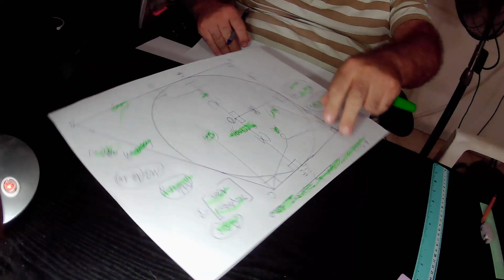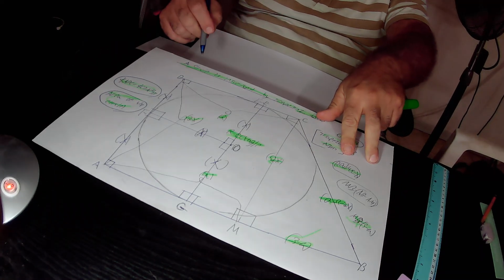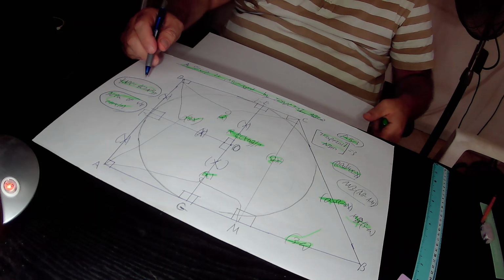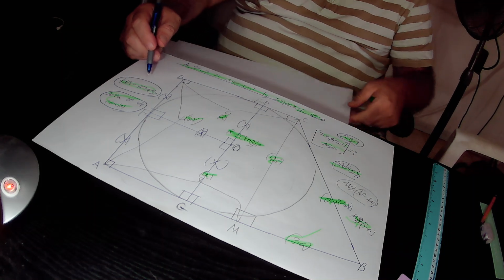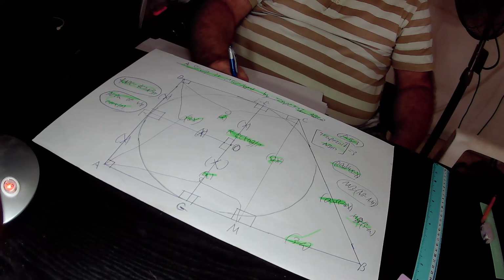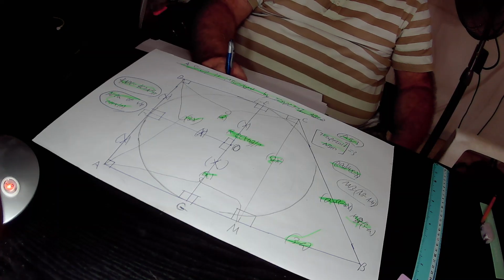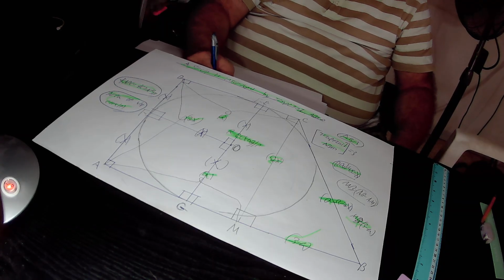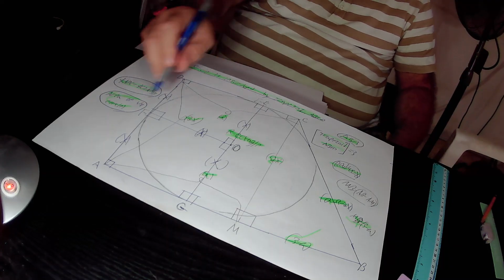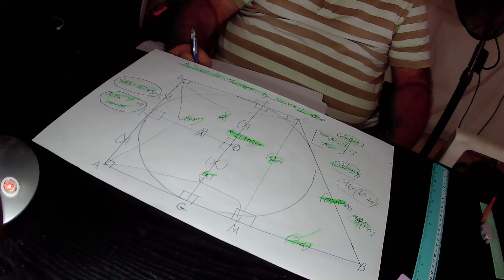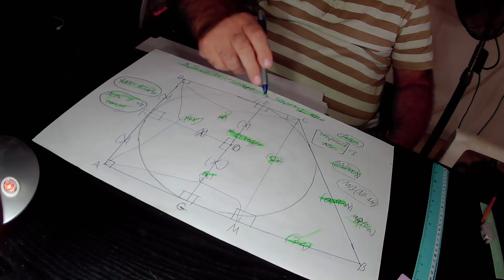In the next step, we calculate the area of this trapezoid ABCD according to the formula that I presented to you in the beginning of the lecture. The area of this trapezoid ABCD will be equal to the sum of its two parallel bases, that is DC plus AB, times the height over 2.